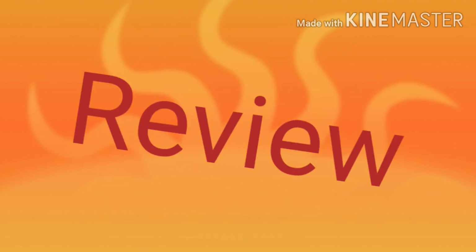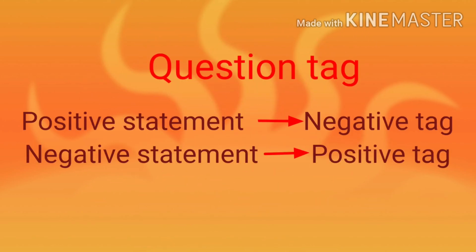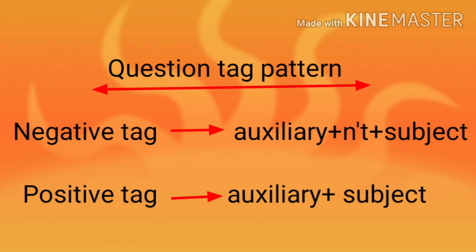Let's review the points. Remember that in the question tag, the first thing you are going to confirm is whether the statement is negative or positive. If the sentence is positive, use a negative tag. If the statement is negative, use a positive tag. Question tag patterns.